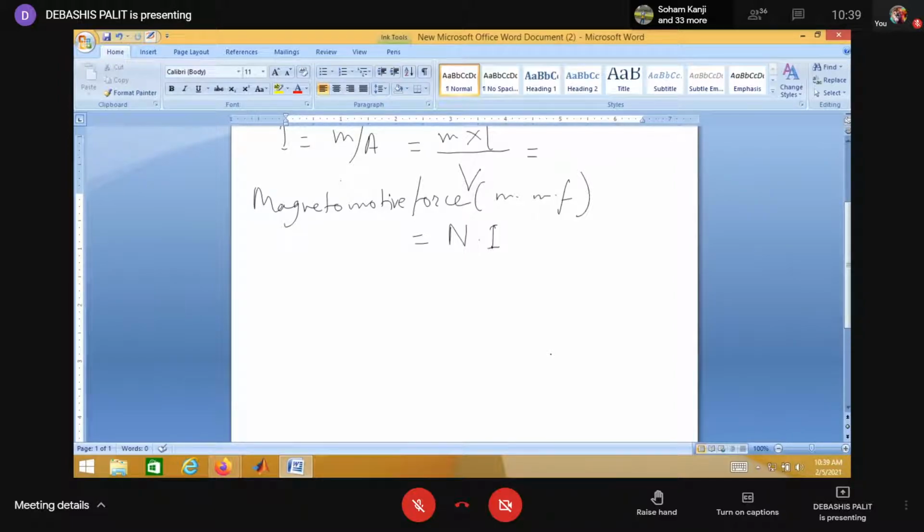Yes, N is the number of turns of a coil, and I is the current. If a coil is there, the number of turns is N, and the current which is flowing is I. So ampere turn, that is your magnetomotive force.